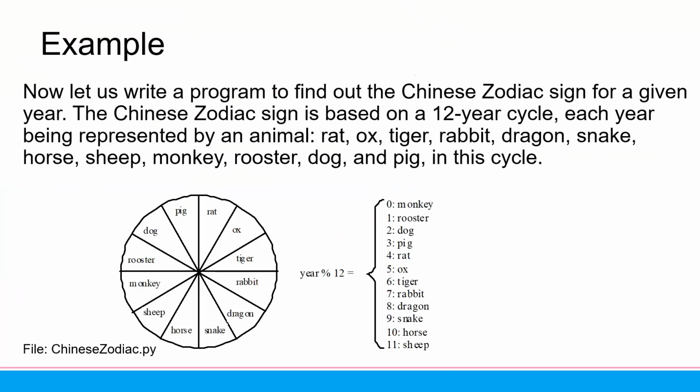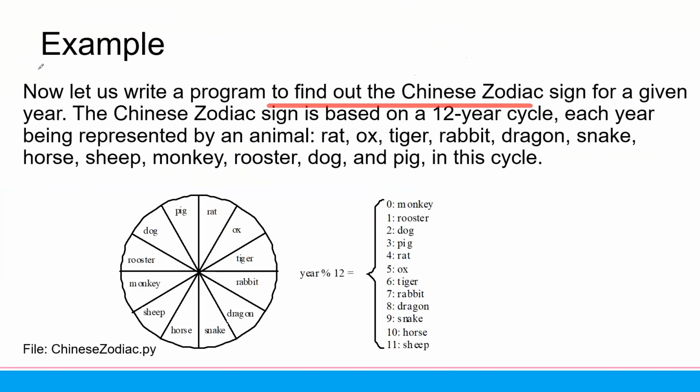let's try to write a program. Let's write a program to find out the Chinese zodiac. Do you know? I think in Korean, there are the animal signs.